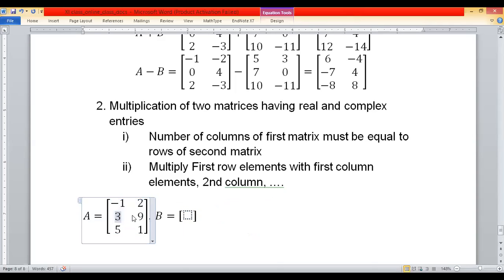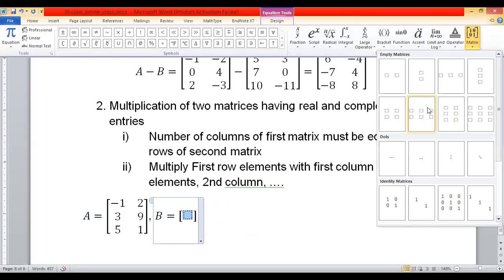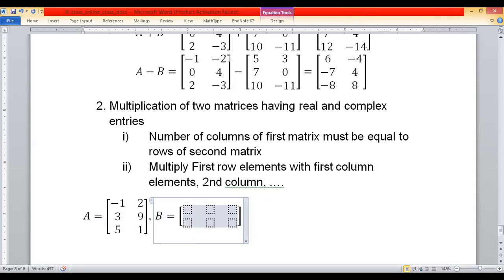Two columns. So this matrix must contain two rows. Right, two rows. Okay. You can insert another column. No issue.